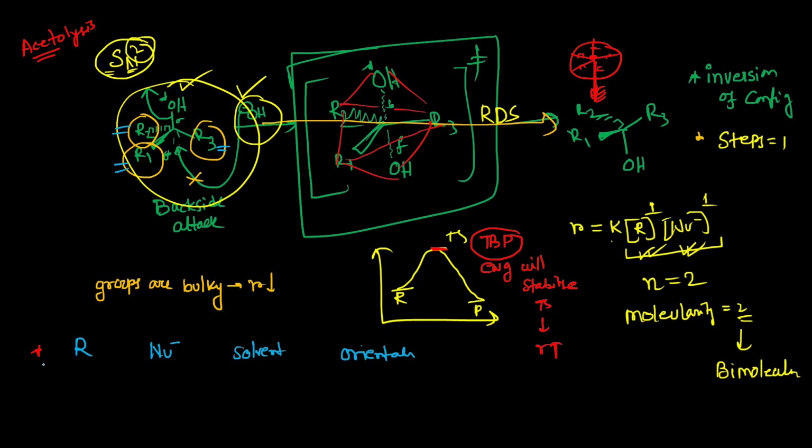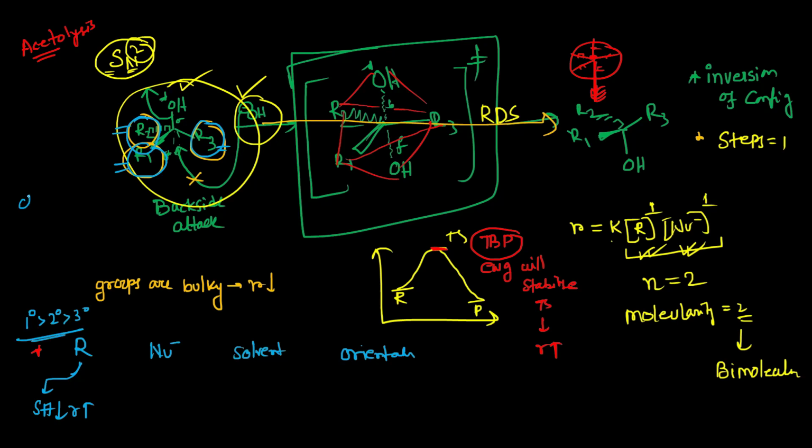Then in the substrate or reactant, we know if steric hindrance is less, then the rate will be higher. Why? Because if there are large groups, bulky groups, then the rate will be slower. OH will not be able to approach, the nucleophile will not be able to approach. So if steric hindrance is low, that means small groups, then the rate will be higher. That's why 1 degree to 2 degree to 3 degree, this is the rate order.